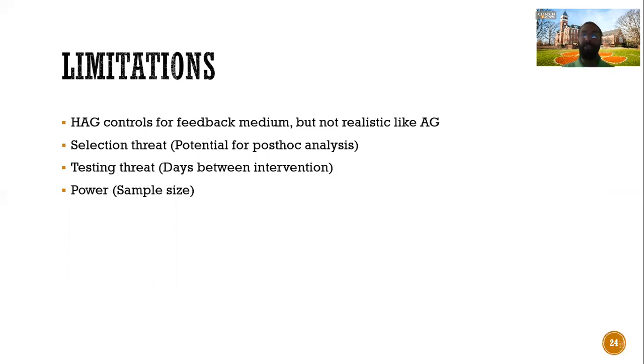Then there's also testing, because the students were aware of the pretest and the purpose of the study. They could have gone between the days of the intervention and done some reviewing, but all students had the same opportunity to do this. And lastly, power and sample size. This was done with 76 students, and so having more students could allow for additional things to be found or observed to be significant.